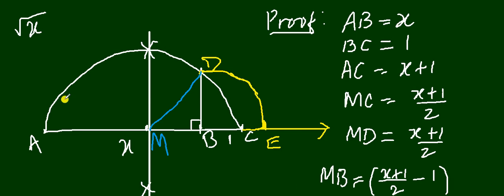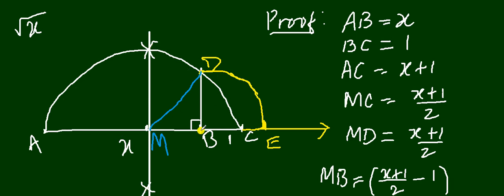Now for the proof, I have taken in general the number root x, and followed the same steps. First draw x units, extend it by 1 unit, construct the perpendicular bisector. M is the midpoint, with M as center draw a semicircle.